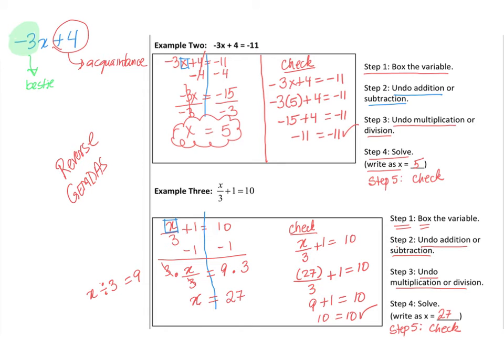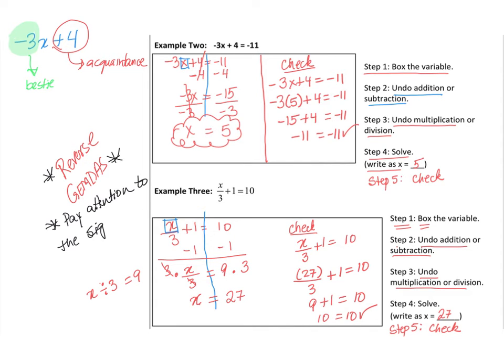So since I have your attention before I go on to the next thing, I just want to make a couple of notes on the side, and if you want to add these to your notes, you can. So firstly, just a quick reminder that we are using a reverse GEMDAS when we are solving equations. I want you to pay close attention to the signs.